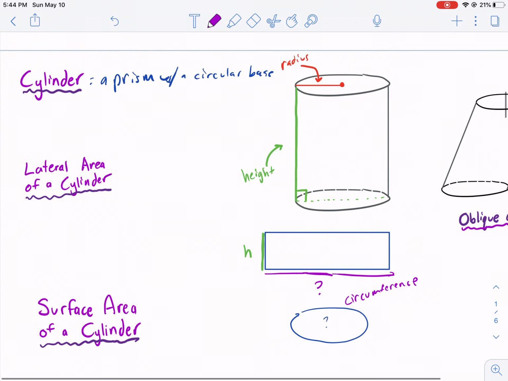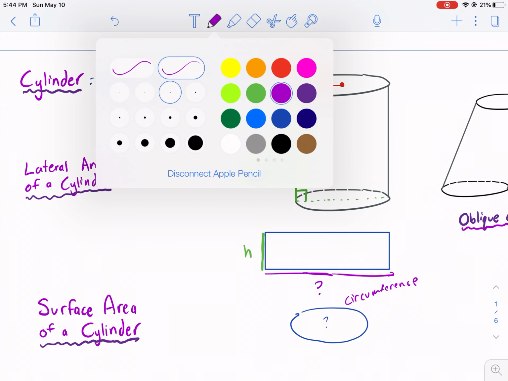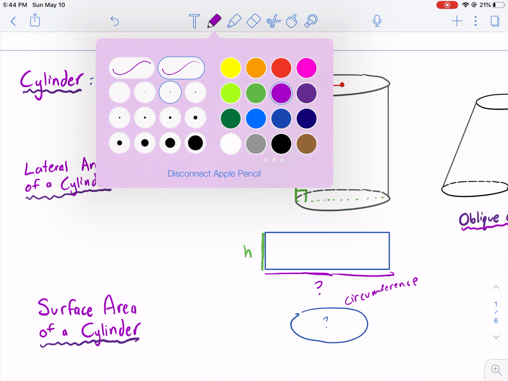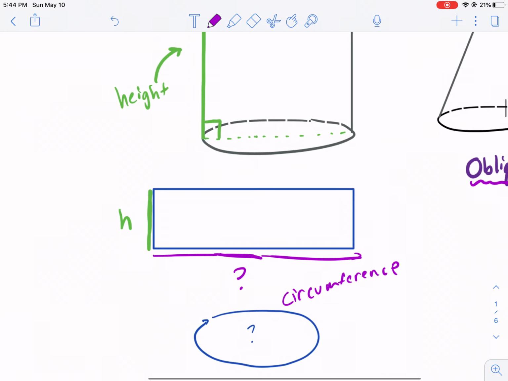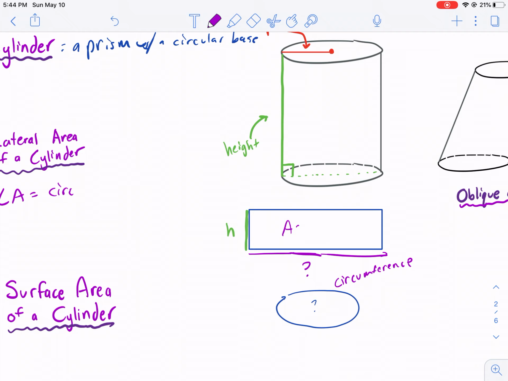So now we can come up with a formula for lateral area. Now, we're talking about the bases for the lateral area. So lateral area is equal to, well, we know it's just a rectangle, so length times width. Let's call the length the height, h.